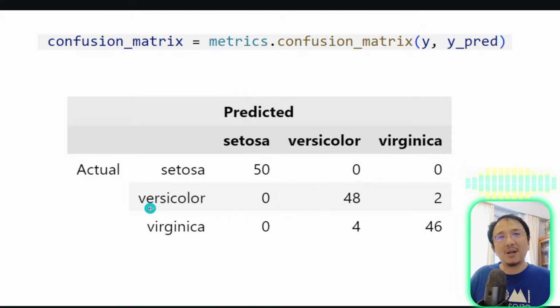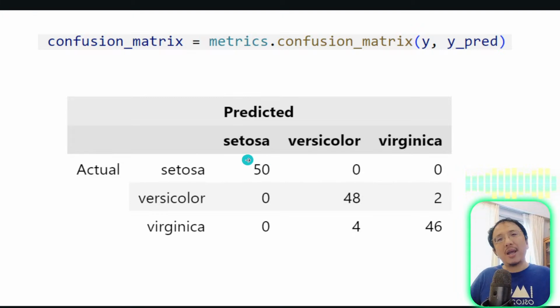So every versicolor and every Virginica image is a negative sample, and every Setosa image is a positive sample. And for our prediction, we also have positive predictions and negative predictions. If our prediction is Setosa, then it is a positive prediction, and otherwise they are negative predictions.